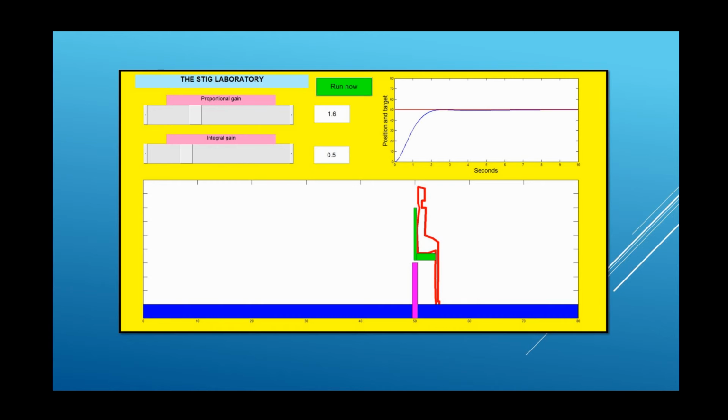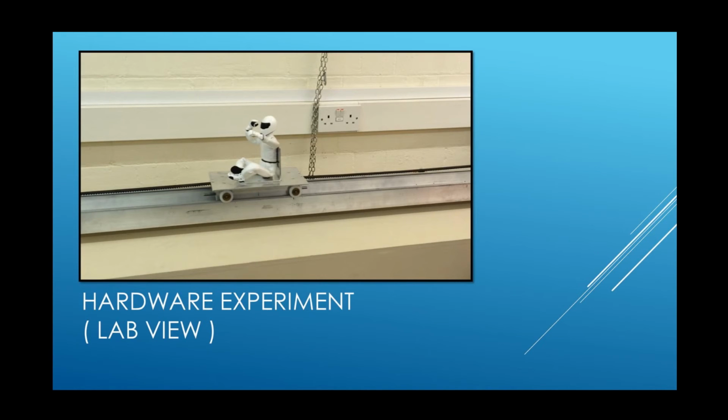After changing the proportional gain and the integral gain several times, the perfect response appeared when the proportional gain is about 1.6 and the integral gain is about 0.5. The hardware experiment is also done on LabVIEW.